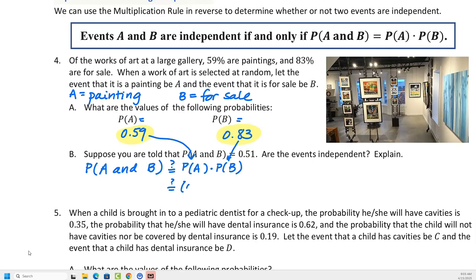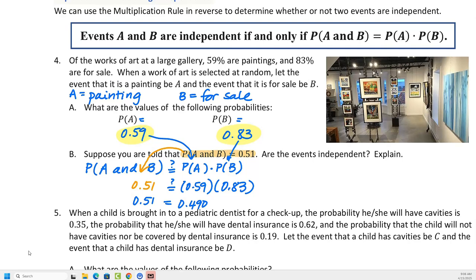And so we know that this is 0.59 times this is 0.83. But they tell us in the problem that the probability of A and B is this 0.51. So obviously on the left side, you just bring down the 0.51. How about 0.59 times 0.83? Well, when you multiply those, you get 0.490.